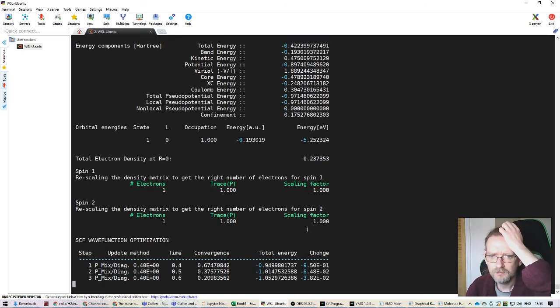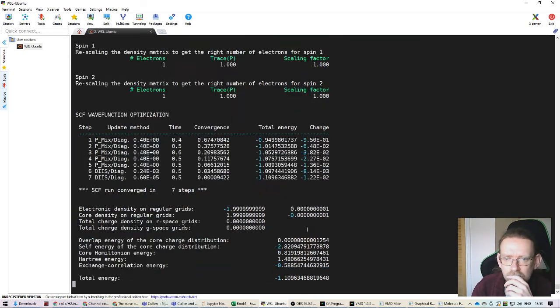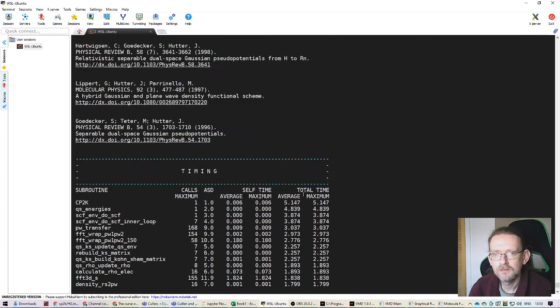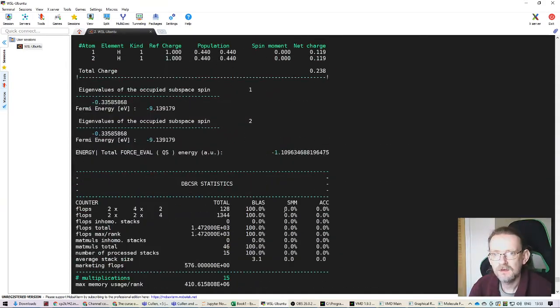Why has it not produced these extra states?